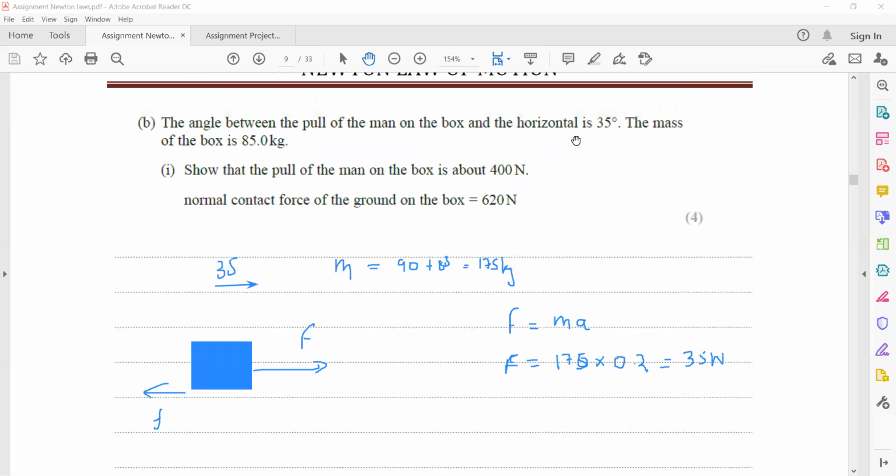When it was moving with a constant speed, it was shown that the pull of the man on the box is about 400. So the resultant force equals the force of the man minus the frictional force, which is opposing the motion.